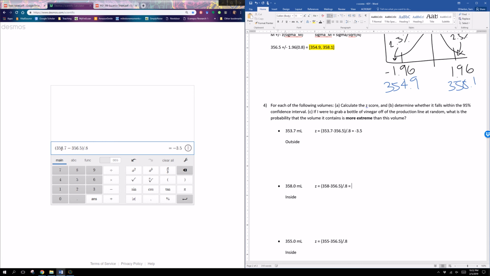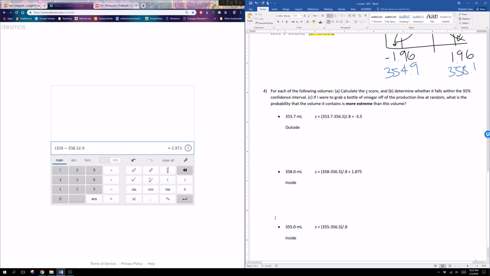So I can just come over here and change this directly. So we've got 358. Everything else stays the same. 1.875. Okay. This one also makes sense because 1.875 is between these two values. Alright, and over here, last one, we've got 355.